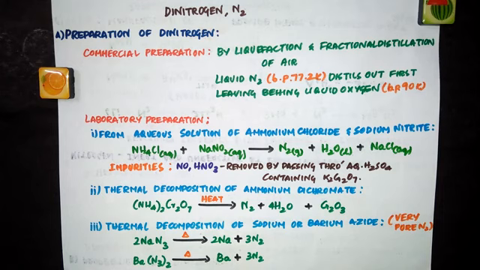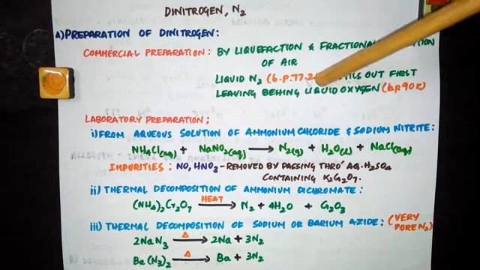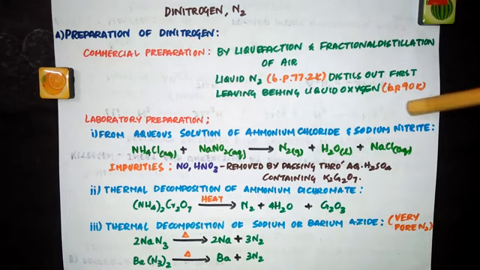When liquid air is allowed to distill, dinitrogen, having a lower boiling point, which is 77.2 Kelvin, distills over first, leaving behind liquid oxygen whose boiling point is 90 Kelvin. The one with the lower boiling point distills out first, leaving behind the liquid with the higher boiling point. That's how we prepare dinitrogen commercially.